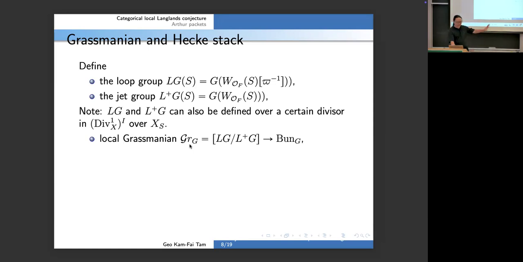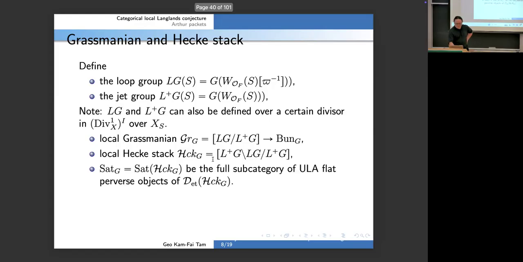So if you forget about that isomorphism, you have this functor to Bun_G from the Grassmannian. You can do one more quotient, and this is the Hecke stack. It again has some G-bundle description. But as a geometric object, you take this set of Hecke G.